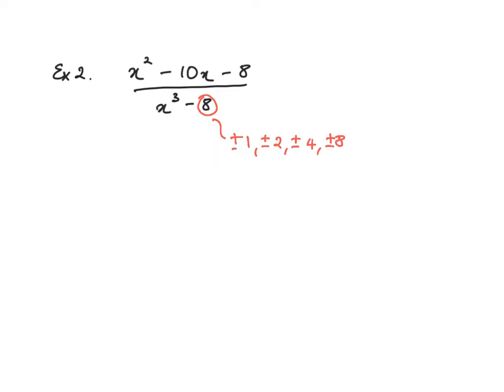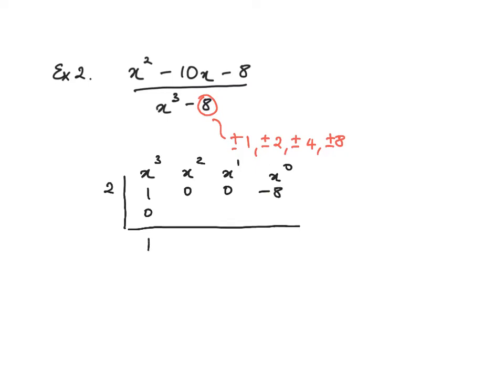So we'll set up the table. We've got an x cubed, x squared, x to the 1 and x to the 0. So that's 1, 0, 0 and minus 8. I'm going to try the value 2. 1 times 2 is 2, 0 plus 2 is 2, 2 times 2 is 4, 4 times 2 is 8. What does that mean?